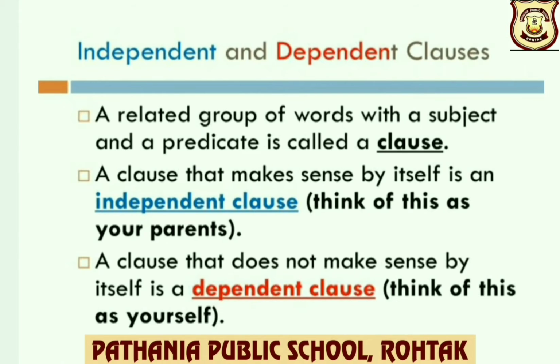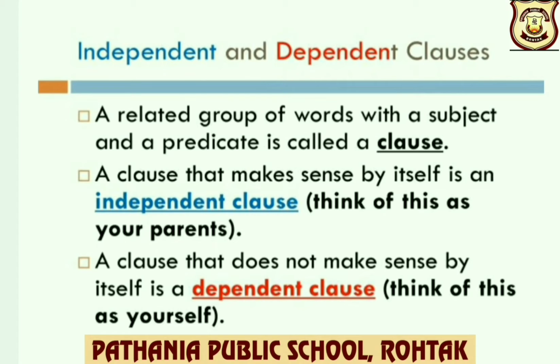Before we discuss the other two types of sentences, children, first let us understand what independent and dependent clauses are. A related group of words with a subject and a predicate is called a clause. So we know that a clause consists of a subject and predicate.